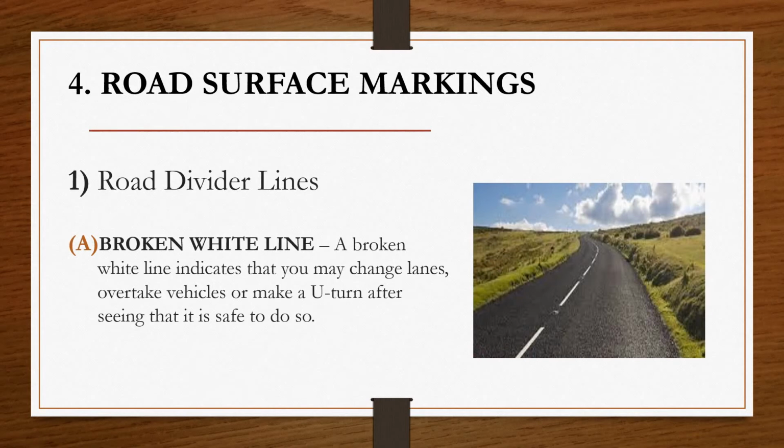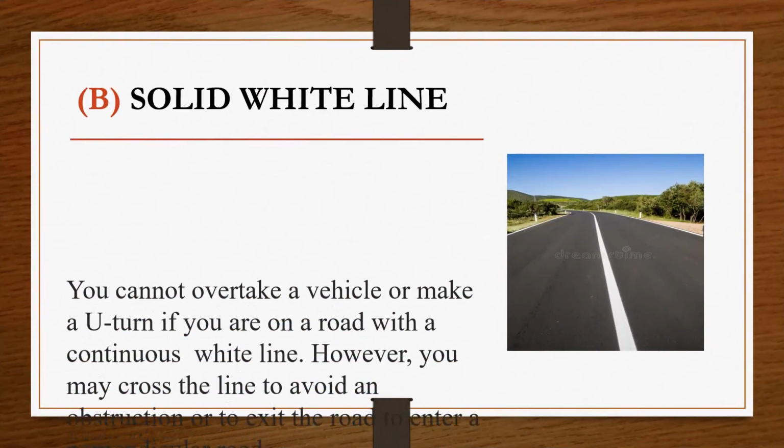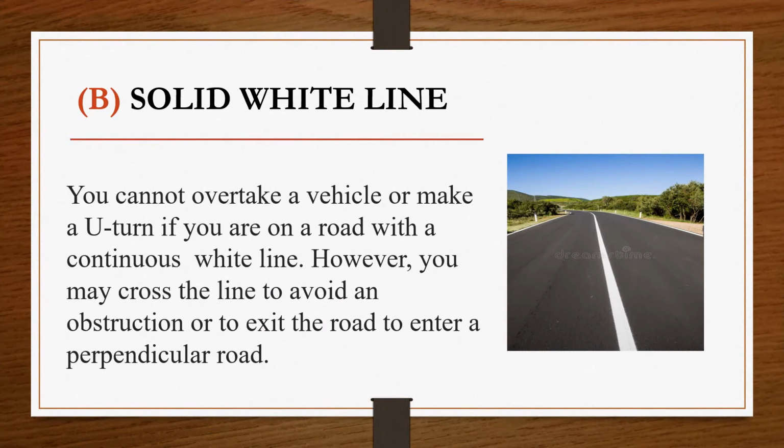Road divider lines. A. Broken white line. A broken white line indicates that you may change lane, overtake vehicles, or make a U-turn after seeing that it is safe to do so. B. Solid white line.